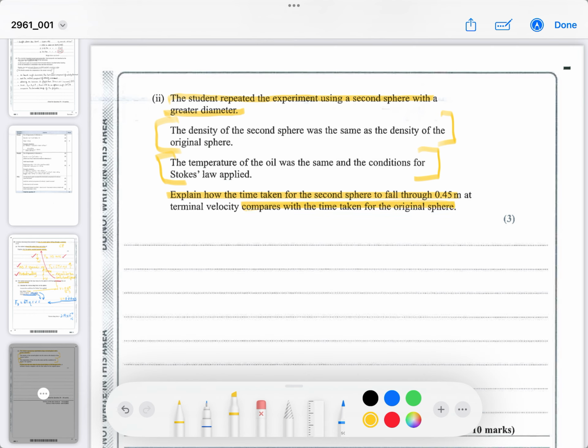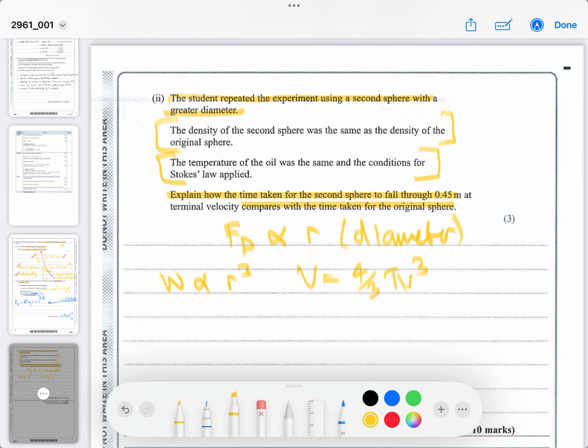Okay, so say you've got the sphere. Although the drag force is proportional to the radius, which is the diameter, that's not the most crucial factor. The weight is proportional to r cubed, because weight is proportional to volume, and the volume of the sphere is 4/3 pi r cubed. Okay.